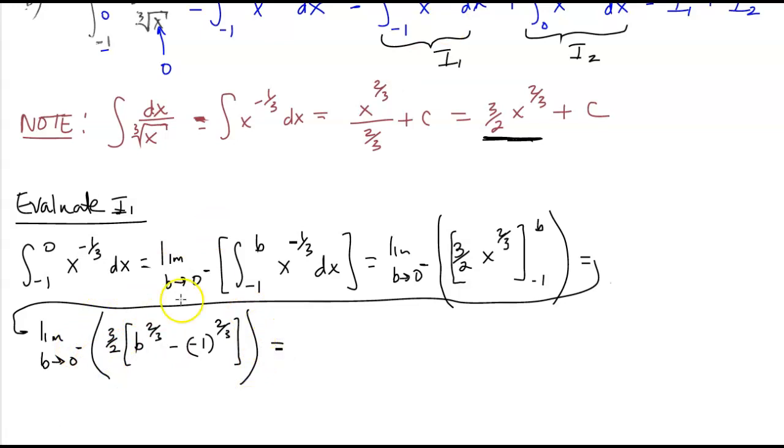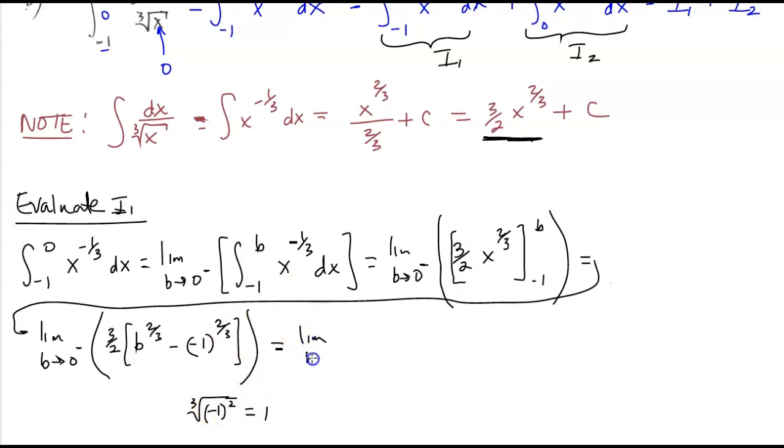All right, and so we know that b raised to the 2/3 is the same thing as the cube root of b squared, so we can just leave that as is. This -1 raised to the 2/3 is the same as the cube root of -1 squared. And since -1 squared is 1, cube root of 1 is also 1.